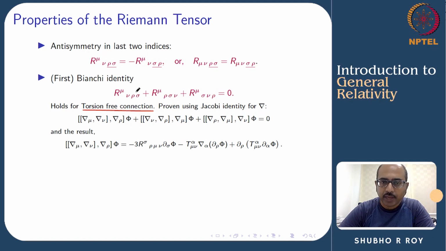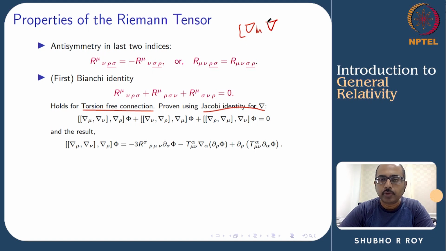The idea of this Bianchi identity is closely related to something called the Jacobi identity. Most of you have taken some class in vector spaces and perhaps know this. The Jacobi identity for covariant differentiation looks something like this. You have this commutator bracket, sorry, not Lie bracket. This commutator bracket is just, you operate on whatever is to the right in different order.